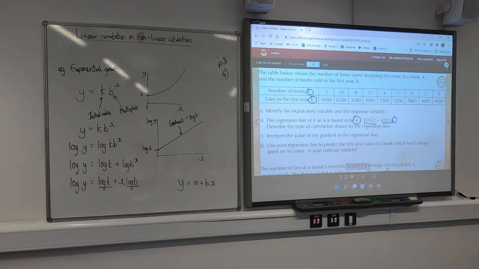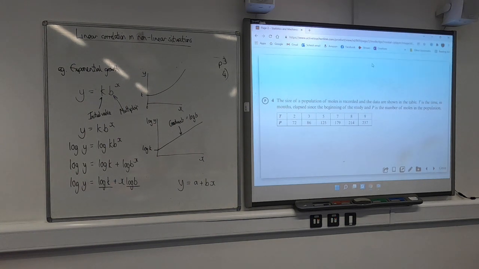Page 3, question 4. So, moles are doing what moles do, and their population is growing.